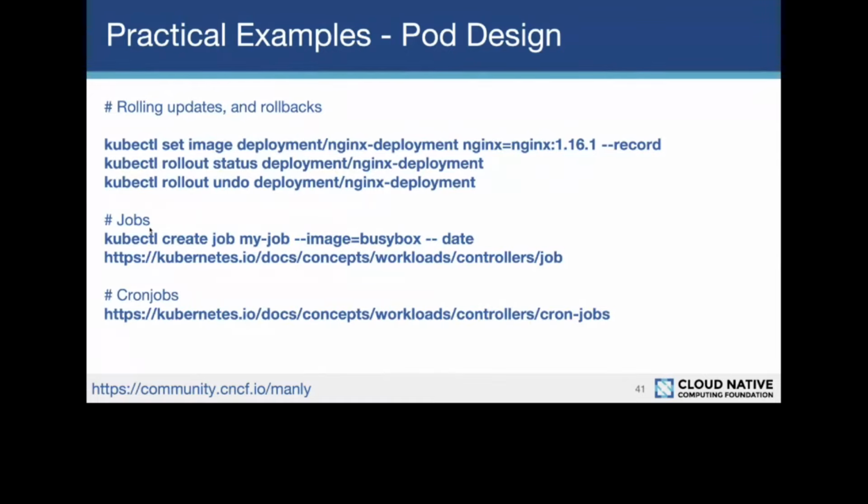So let's say that you want to update the image of the deployment. You can set the image. You can see here that you specify the deployment, and then you specify the nginx container and what image you want. And then to check when that's rolling out, you go rollout status deployment nginx deployment.